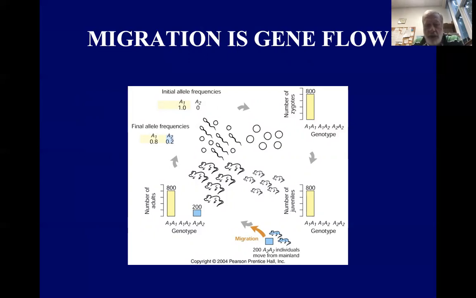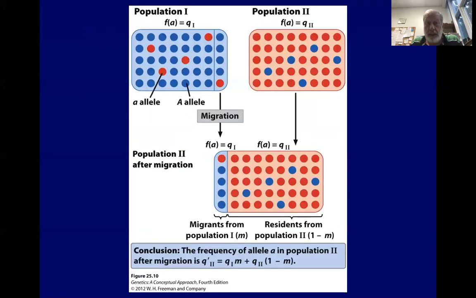And now we can see our genotypes are different there, 800 A1, 200 A2, and now our allele frequencies are different, gone from 1 and 0 to 0.8 and 0.2. So this shows how gene flow or migration can alter allele frequencies. And this is another way of showing that, how migration from population 1 into population 2 changes allele frequencies.